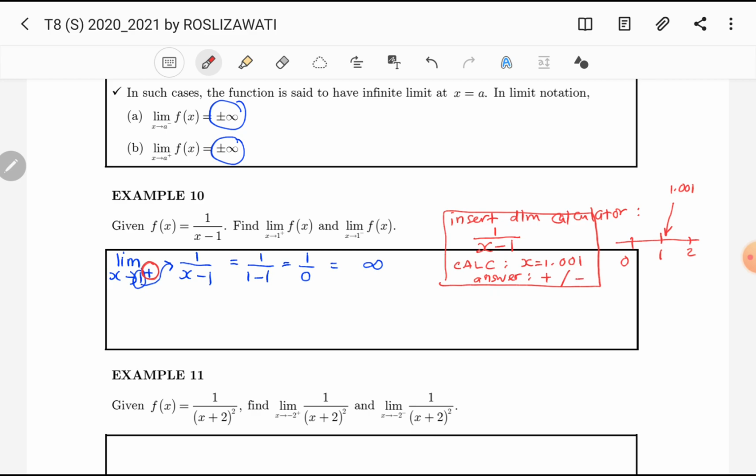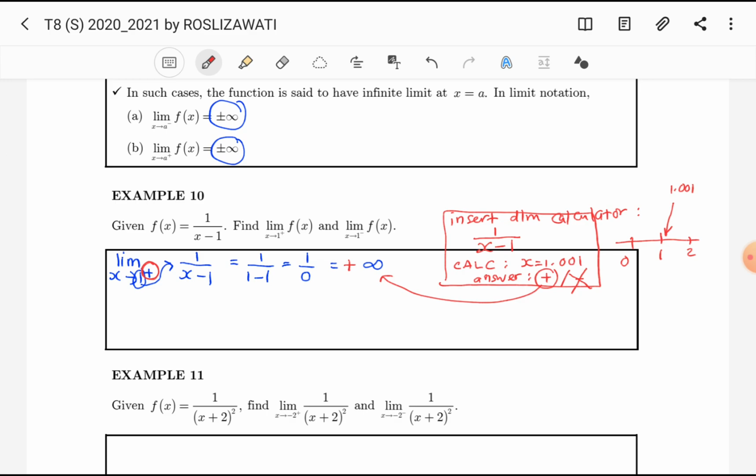Okay, tekan kalkulator. Jawapan dia positif ke atau negatif? Ya, positif, bukan negatif. Right. So, kat sini kita akan tulis positif. Kalau jawapan awak, kalkulator awak bagi negatif, awak tulis negatif.